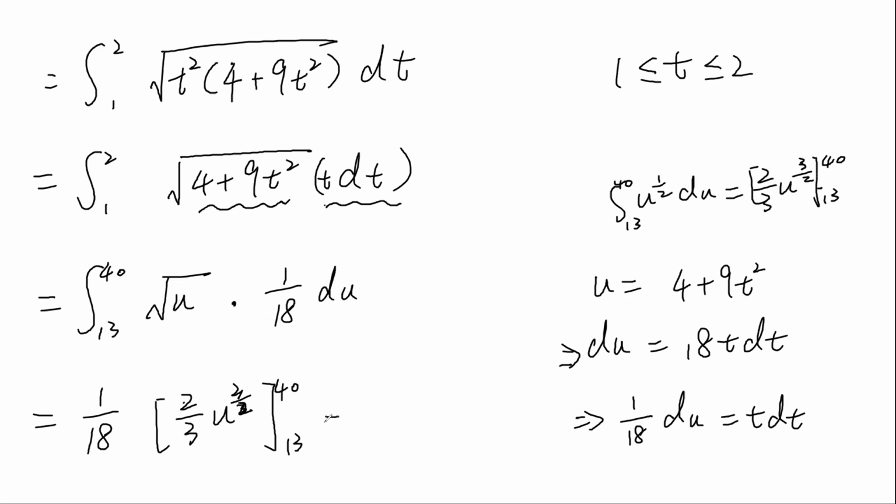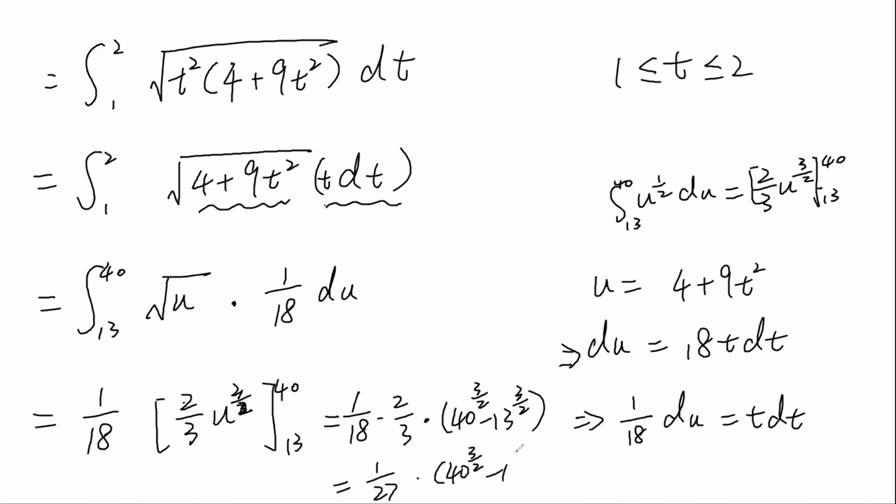Once you plug in the numbers, this is equal to 1/18 times 2/3 times 40 to the 3/2 minus 13 to the 3/2, which is equal to 1/27 times 40 to the 3/2 minus 13 to the 3/2. I am happy with this final answer, but if you want to simplify it further, or input this number in your calculator to get a decimal number, that's okay.